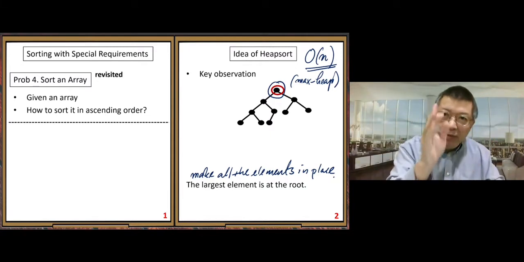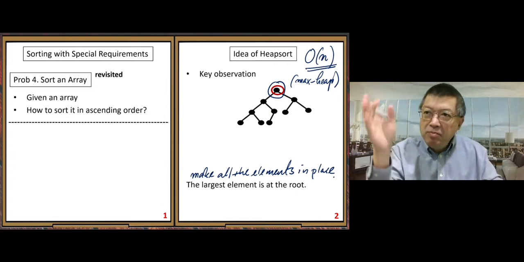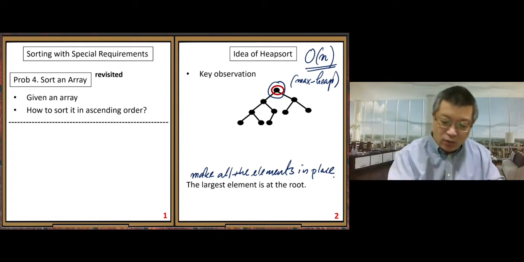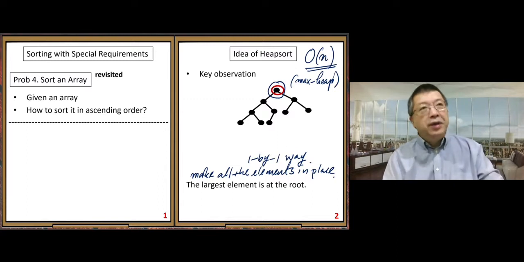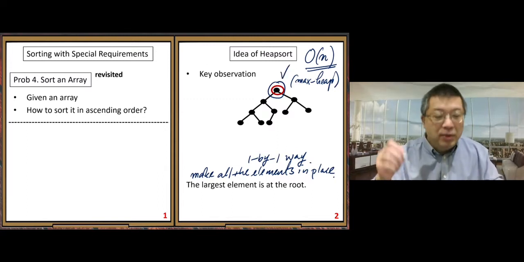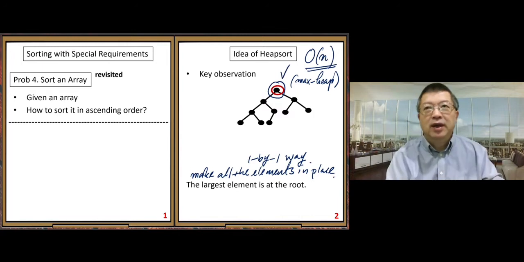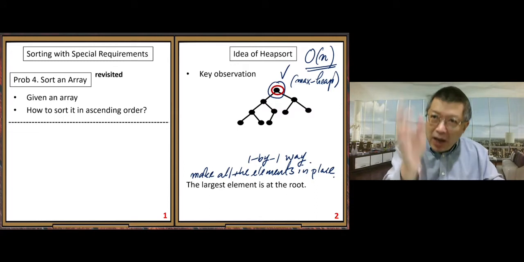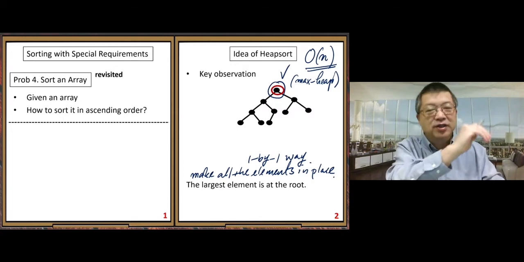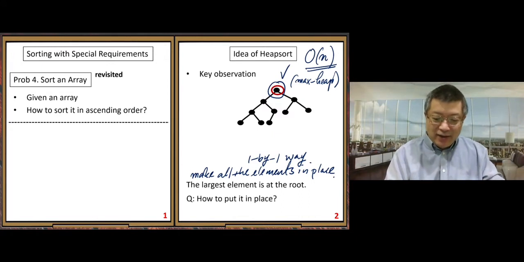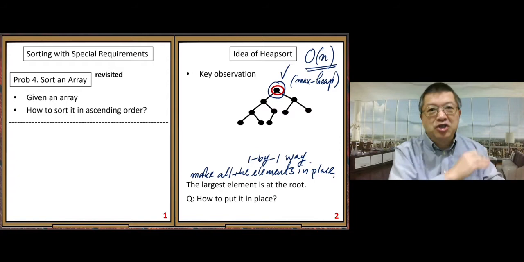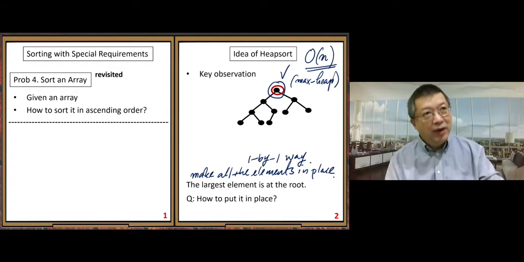Every time we just make one element in place. Now we know the largest element is at the root. Can we make the largest element in place first? It's very easy. So now let's make the largest element in place. How to put it in place?